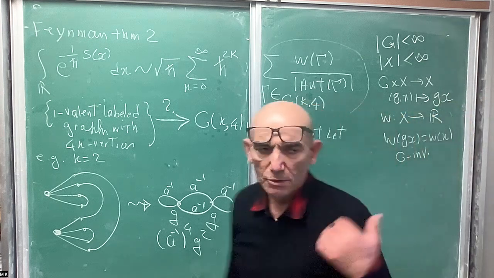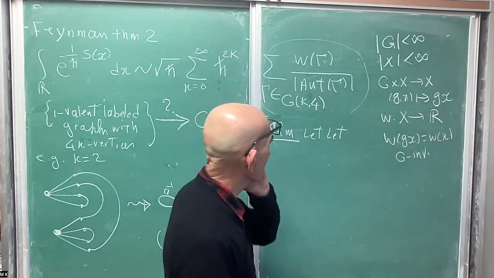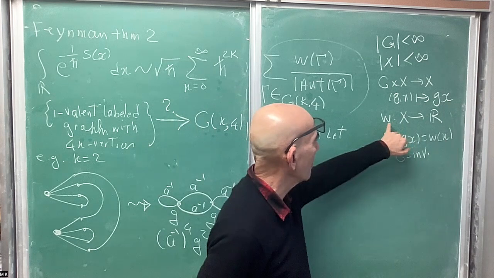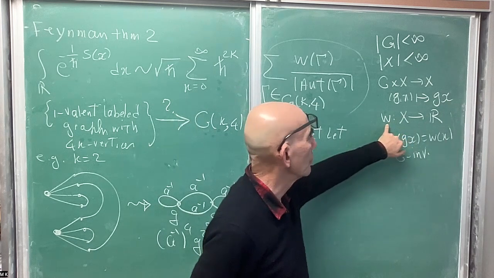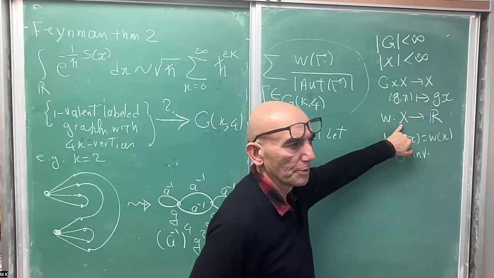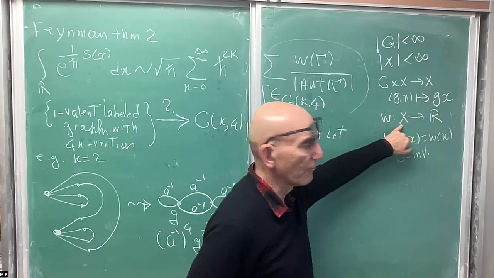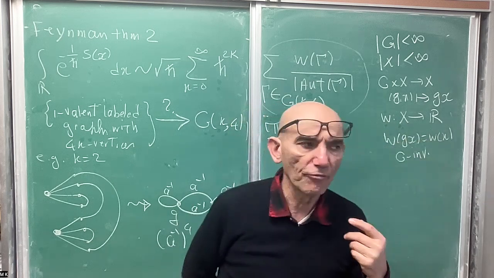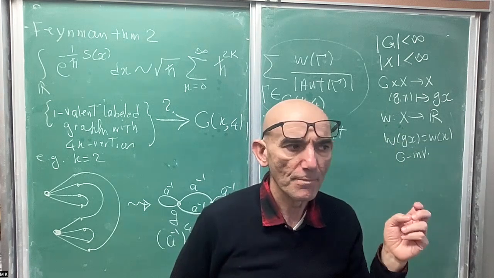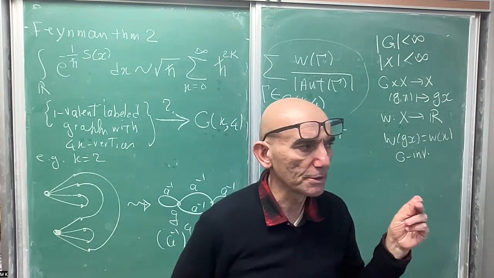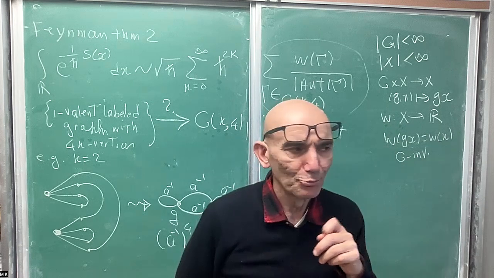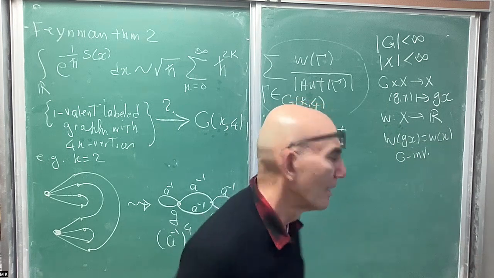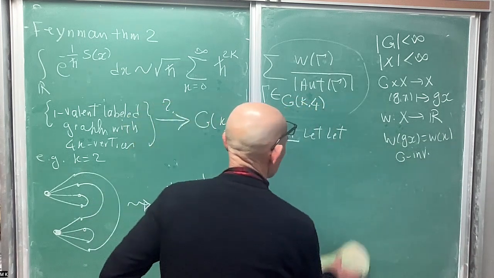Okay. So having this setting, you can turn the summation of W over X, so to speak, integration of this function W over X, into integration over orbits. Actually, not over orbits, but over isomorphism classes of orbits. So let me write it like this.